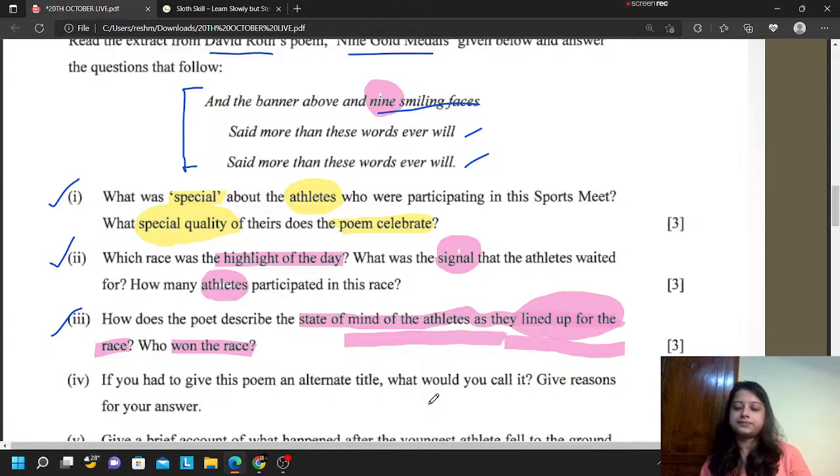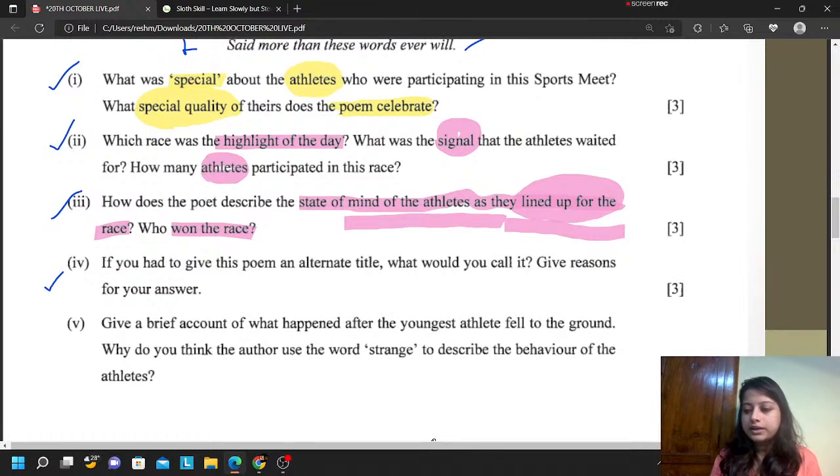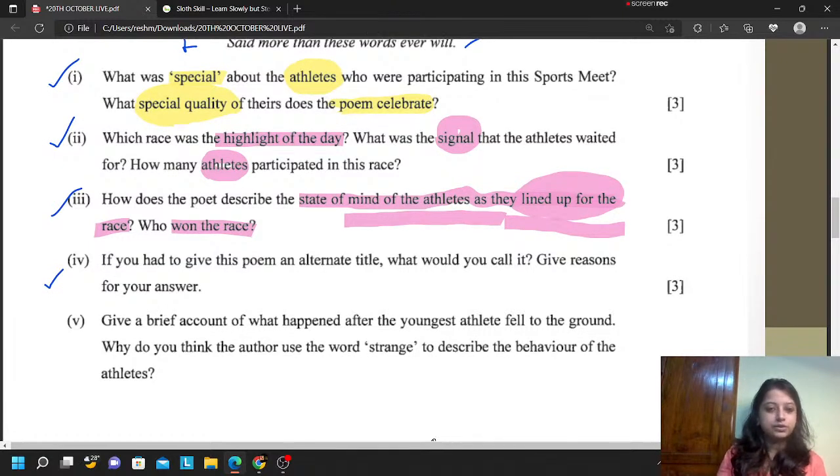All the 9 runners. Perfect. Mayank, all the 9 runners won the race. All the 9 athletes were awarded 9 medals. Now we will move to question number 4. We will scroll a bit. I guess question number 4 is visible now.